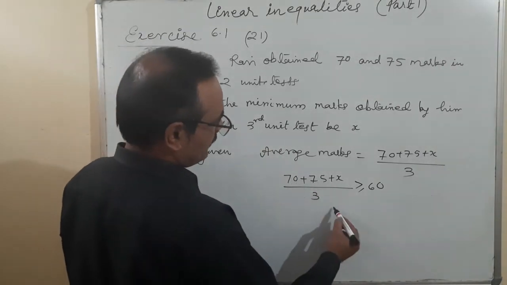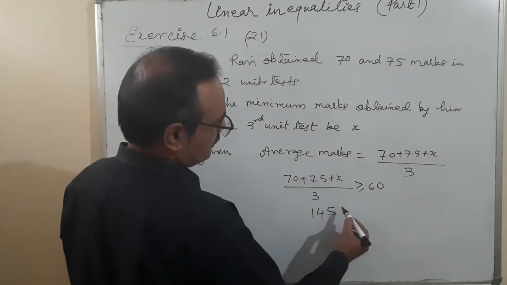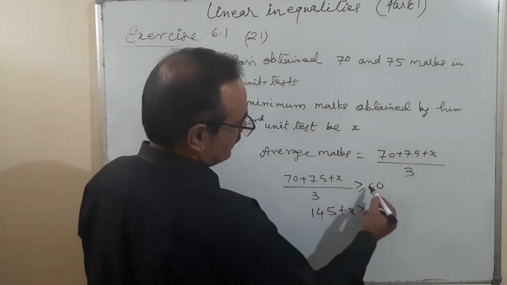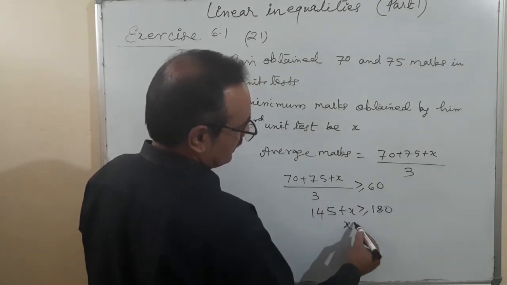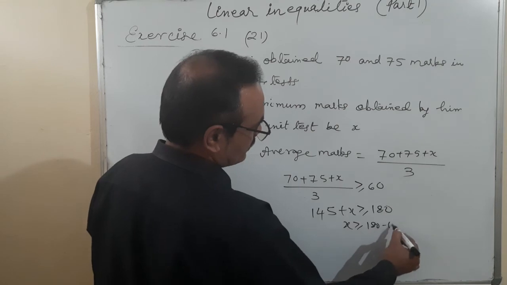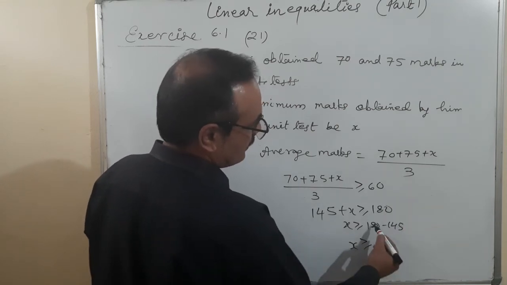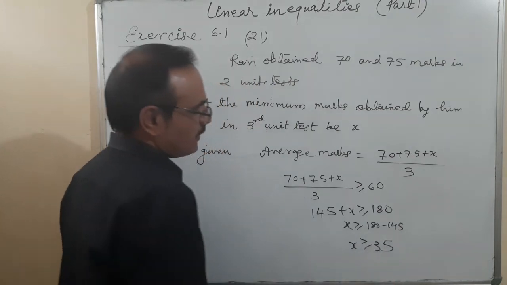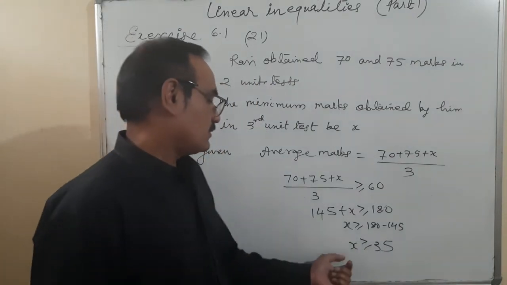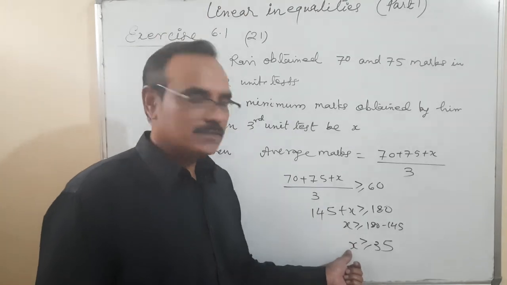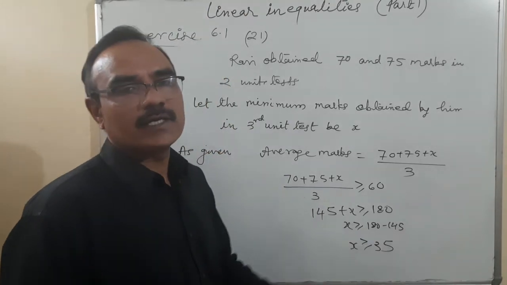70 plus 75 is 145, plus X is greater than or equal to 180. Therefore, X is greater than or equal to 180 minus 145. So X is greater than or equal to 35. That means he should get at least 35 or more than 35.